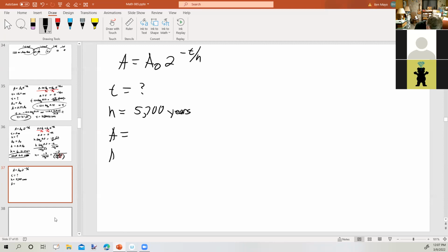Again, what's the ending amount? What's the beginning amount? We don't know the beginning amount. Now, in the last two problems, it said, let's see, 25% decomposes, 20% decays. This one says a bone fragment contains 60% of carbon-14.